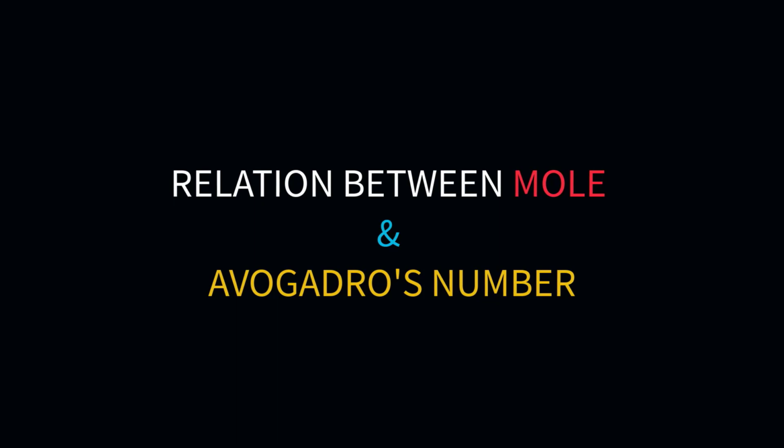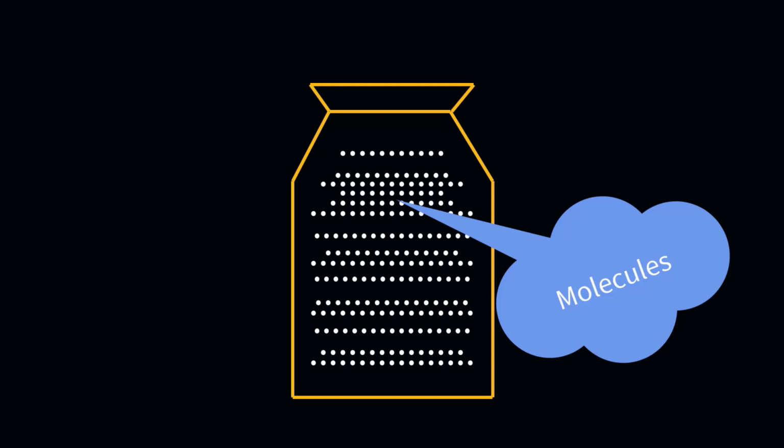Now we will learn the relation between mole and Avogadro's number. Number of molecules is really large because each molecule is very tiny. Actually, it is impossible for us to count this number. We can just estimate it.